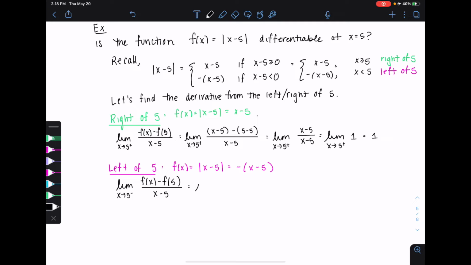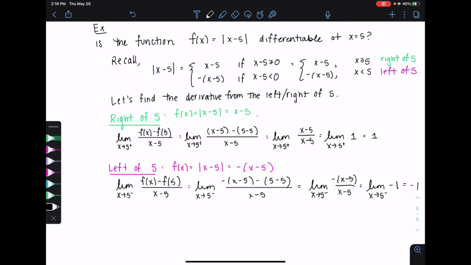And the only difference from the last limit is this is negative (x minus 5) now. So this gives us the limit as x approaches 5 from the left of negative (x minus 5) over x minus 5, which gives us the limit as x approaches 5 from the left of negative 1. We get negative 1 on this side.